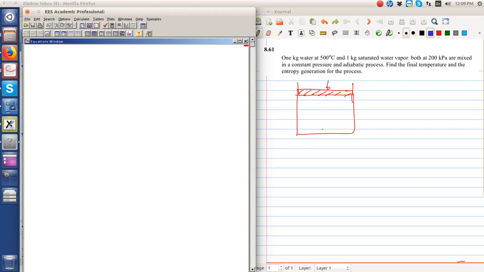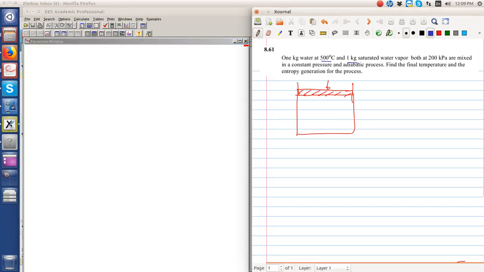Okay, we move on to problem 8.61 of Sonntag, in which we have 1 kg of water at 500 degrees Celsius and 1 kg of vapor at 200 kilopascal. So we have a chamber which is at constant pressure and it is adiabatic, so there is no heat transfer.